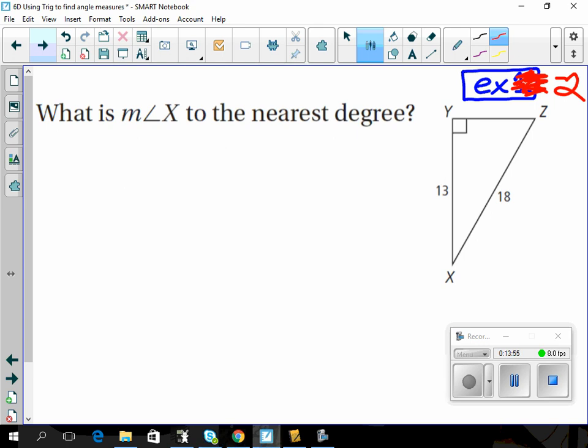You also, before you even get there, need to label the 13 and the 18 as either the opposite, the adjacent, or the hypotenuse. So if we're looking at angle x, 13 is the adjacent side. I agree. And then 18 is the hypotenuse.